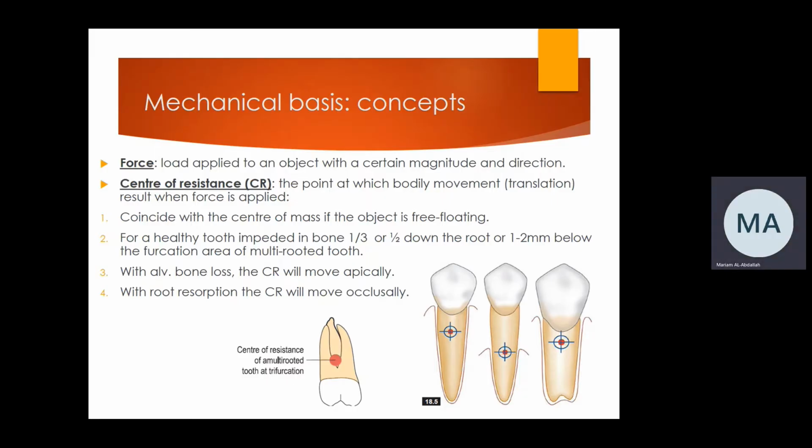which is not the case at all when we're talking about teeth, because teeth are embedded in the socket, in the alveolar bone, surrounded by the periodontal ligament. So the center of resistance really is affected by the amount of alveolar bone where the root is embedded and the length of the root within the alveolar bone.